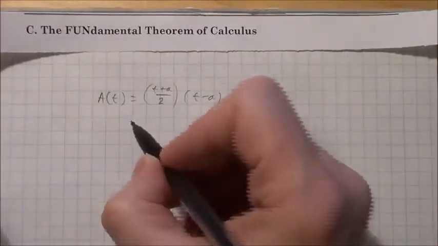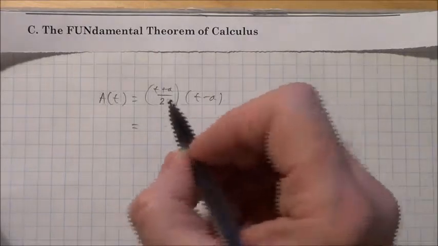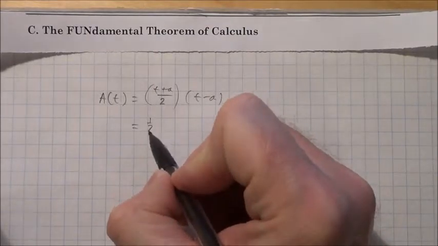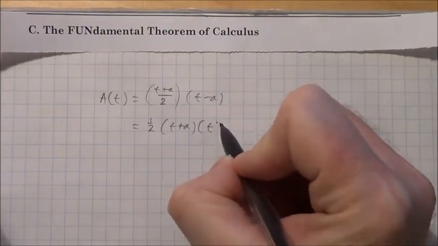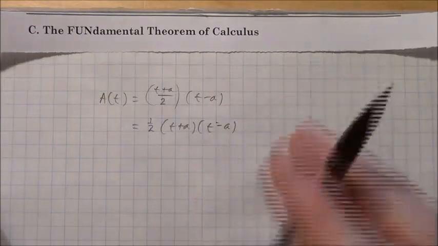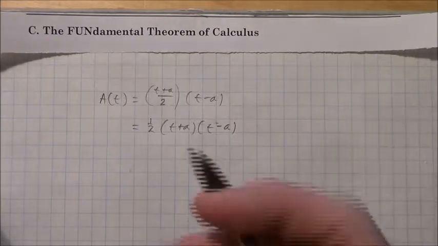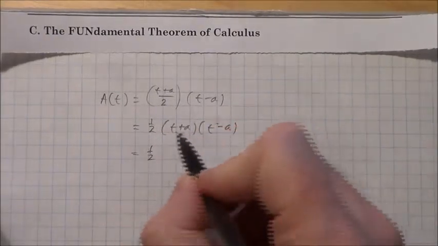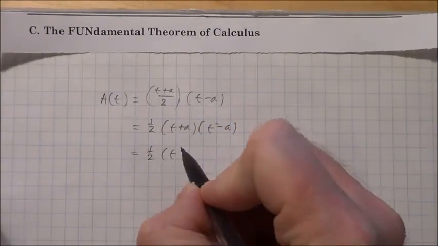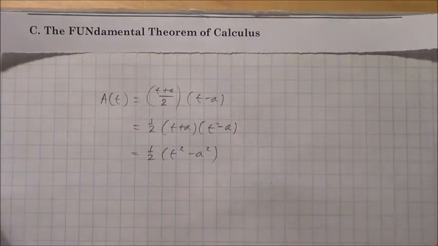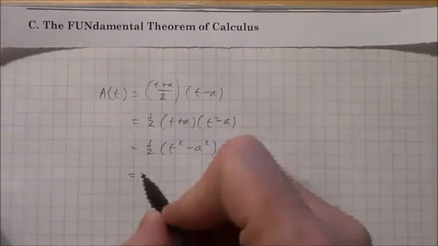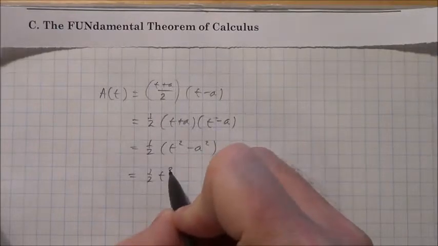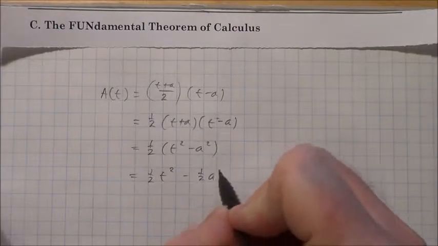And I'm going to bring this 1/2 out front, and then we're just left with (t plus a) multiplied by (t minus a). And then when we expand this out, we get t squared minus a squared. And I can just multiply this 1/2 in now, so we get 1/2 t squared minus 1/2 a squared.